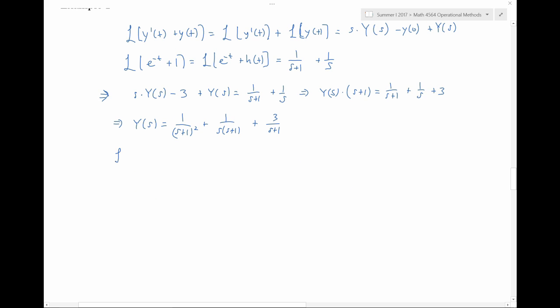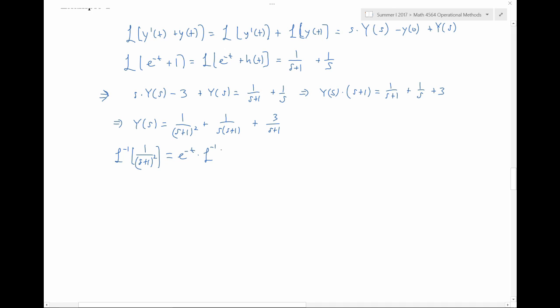So we need the inverse Laplace transforms of these functions. What could be a function that leads to the Laplace transform that looks like 1 over (s plus 1) squared? Well, it seems like that s plus 1 is a shift, which means that the original function was multiplied by e to the minus t.